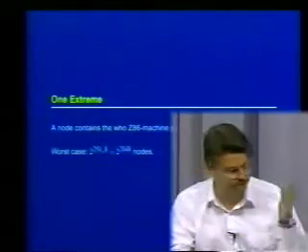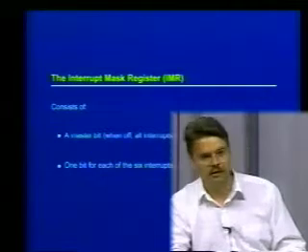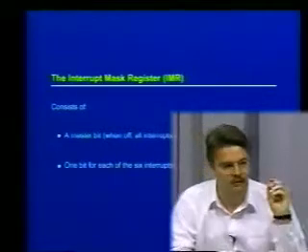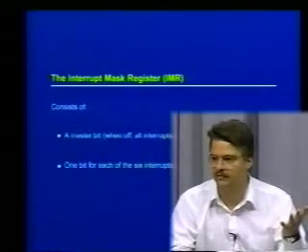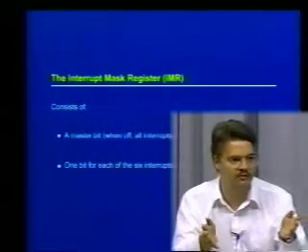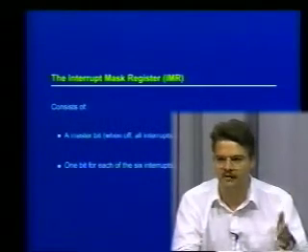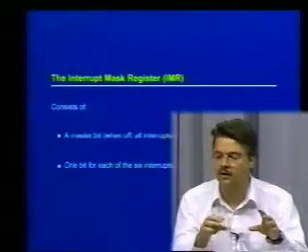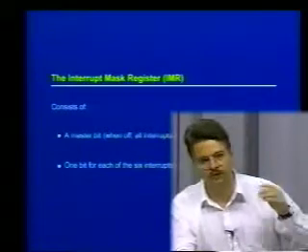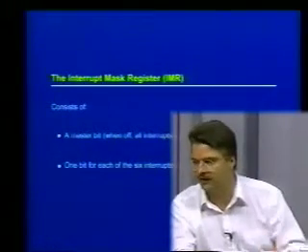There's this thing on the machine that controls whether interrupts are turned on and off, which is the interrupt mask register. And what it has is 7 bits. There are 6 interrupts, and they're actually prioritized. So there's one interrupt that has more priority than the other, so that if 2 interrupts arrive at the same time, then the one with the highest priority is the one that gets handled.